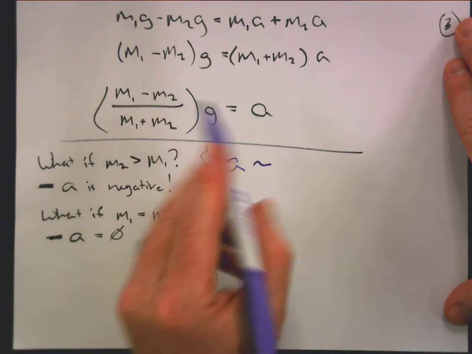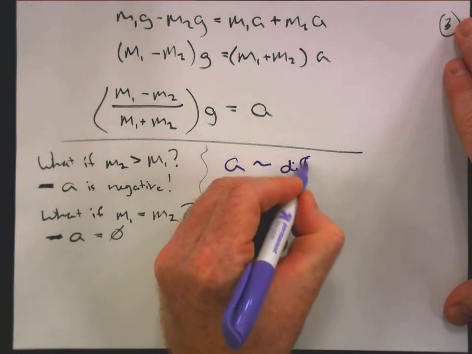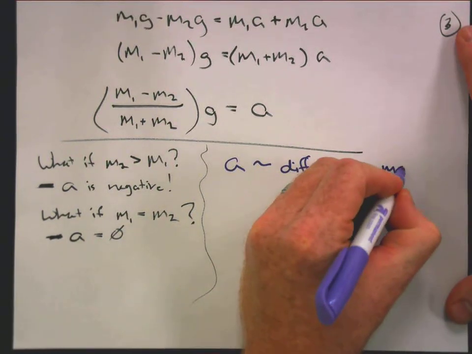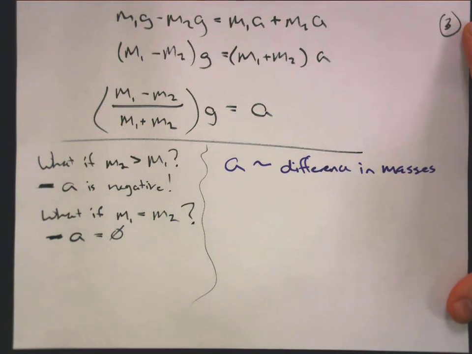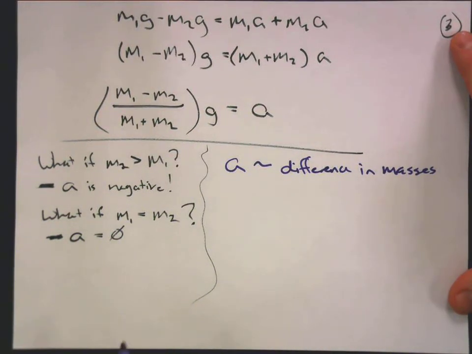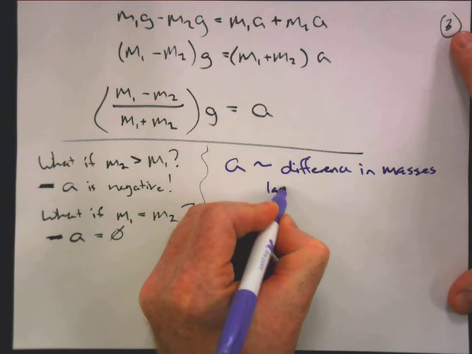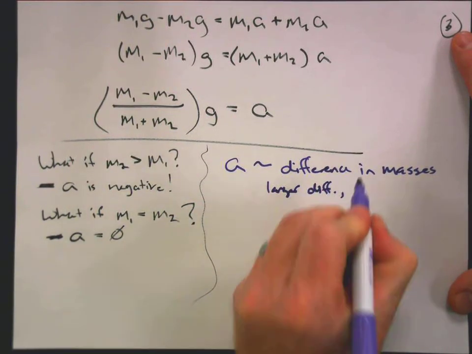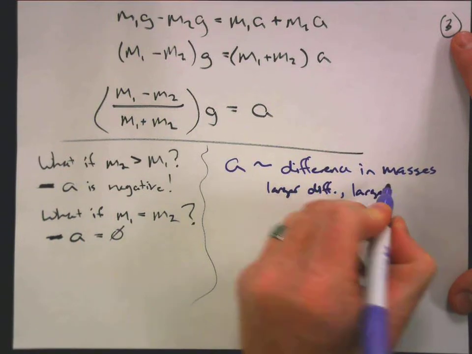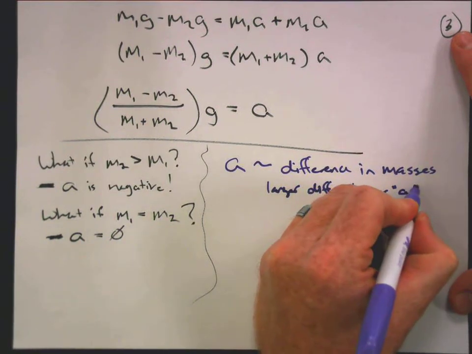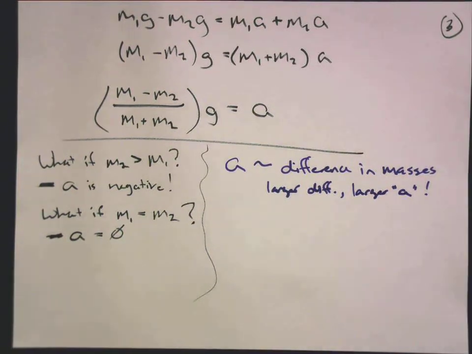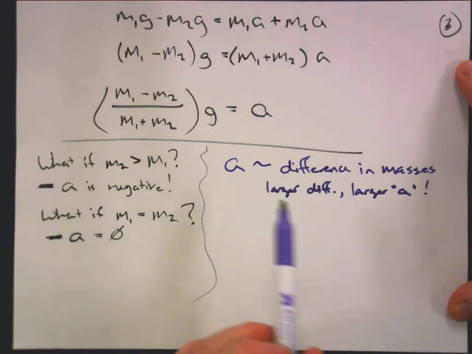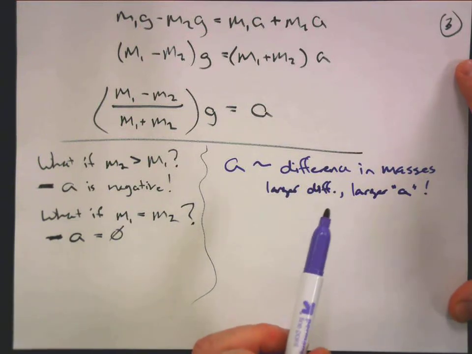It's the difference between the masses. Directly proportional to the difference in masses. Okay, so what does that mean? Well, if you have a larger difference, then you get a larger acceleration. Totally. And that's testable. You can even just demonstrate that and see that without taking any measurements. You can observe that.